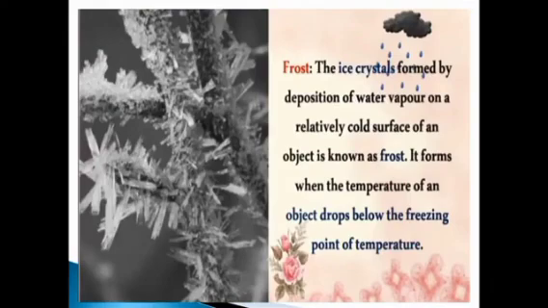Frost means the ice crystals formed by deposition of water vapor on a relatively cold surface of an object. So what is meant by frost? Frost means the ice crystals which are formed by deposition of water vapor on a cold surface of an object.